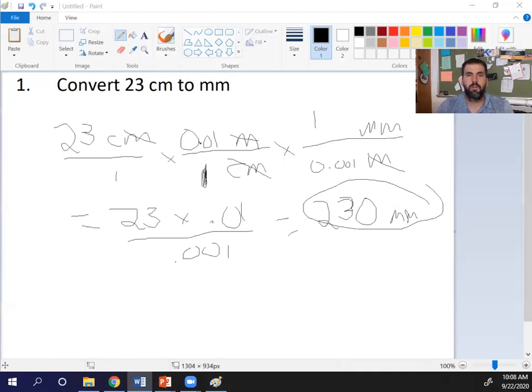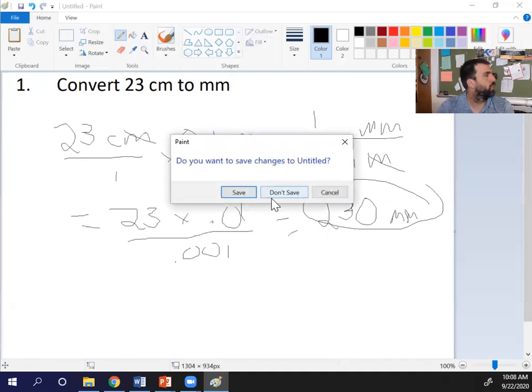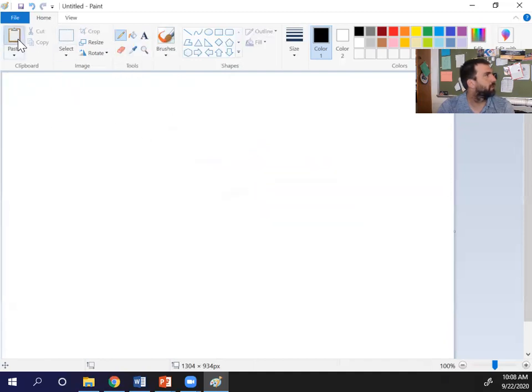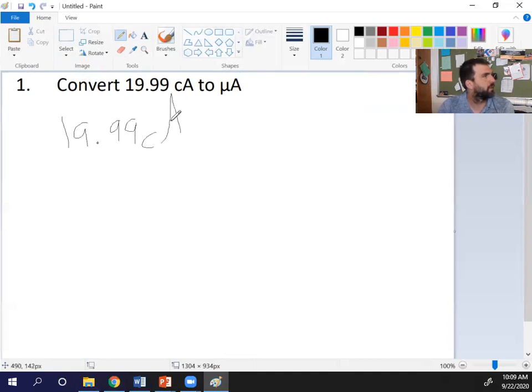All right, let's do another one. Convert 19.99 centiamps to microamps. So what's my first step? 19.99 centiamps, and I'll put it over 1 times.